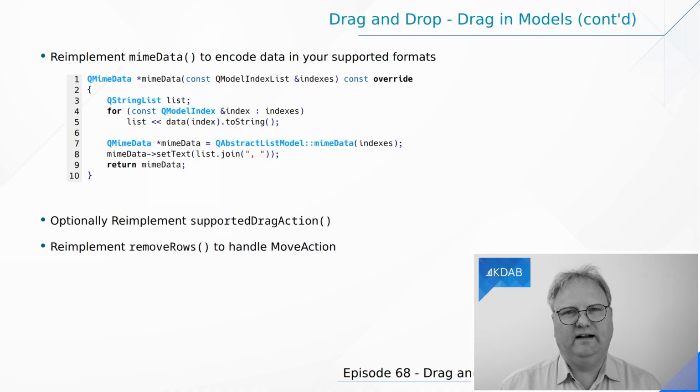Finally, on the drag side, I can implement supportedDragActions, and if I do so, that's how I tell it that, hey, you can move things out from me, but you can't copy them, or you can link and copy but not move, or whatever of those options that I have there. And if I support moving out, then I need to implement the virtual method removeRows, which is how the view will tell me, hey, the user actually dragged this data out of the view.